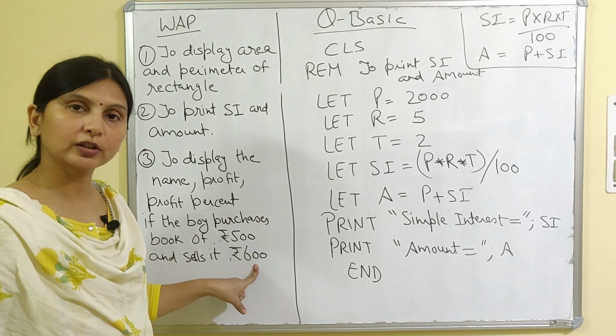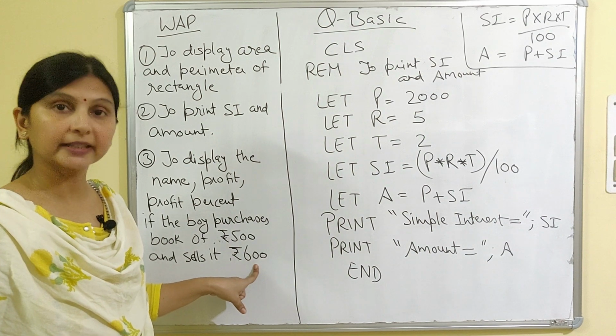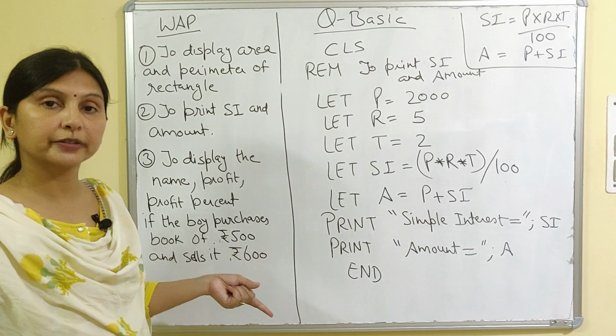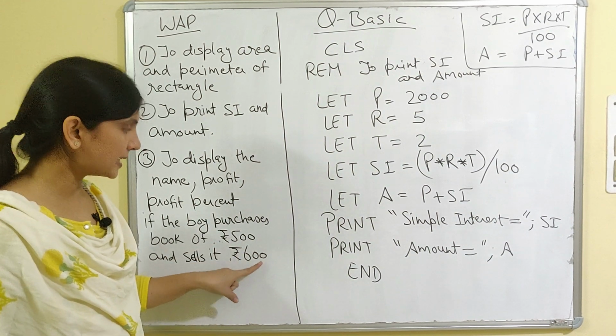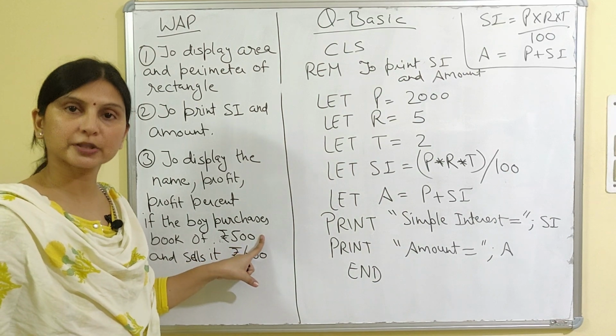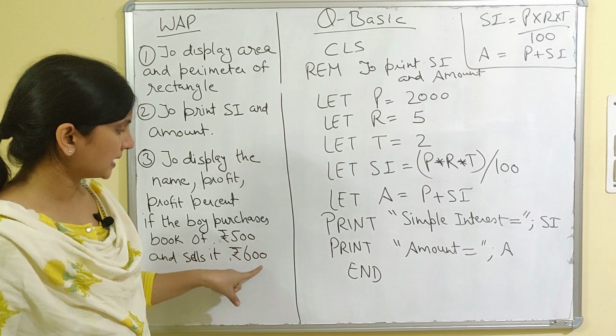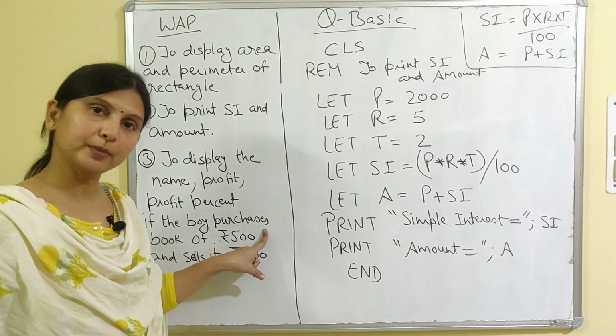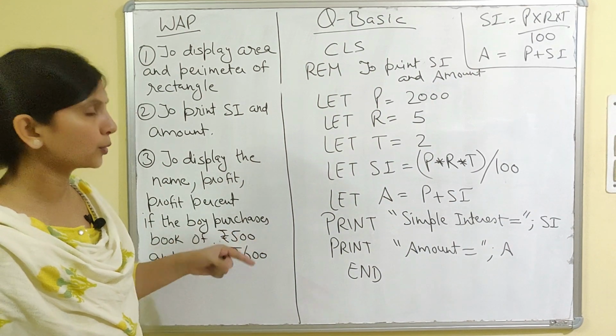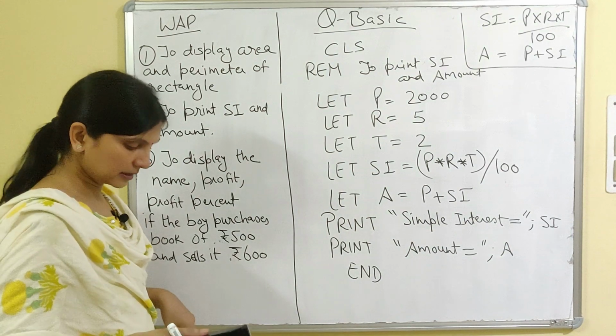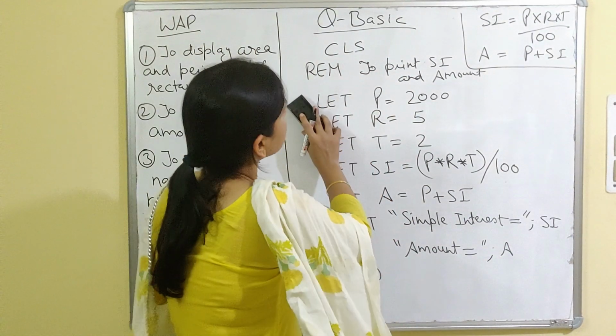So will there be profit or loss? Profit. So how will you calculate profit? Selling price minus cost price. Fine. I hope it is clear. Selling price minus cost price will be profit. And then for profit percent, we will use the formula. I will show you. So let's start.